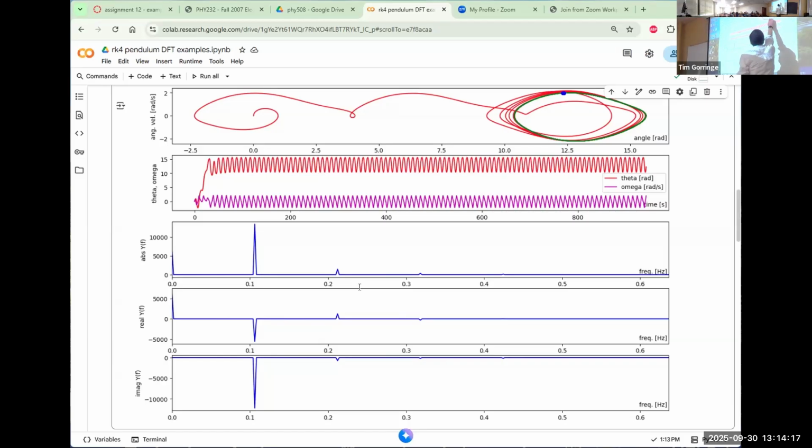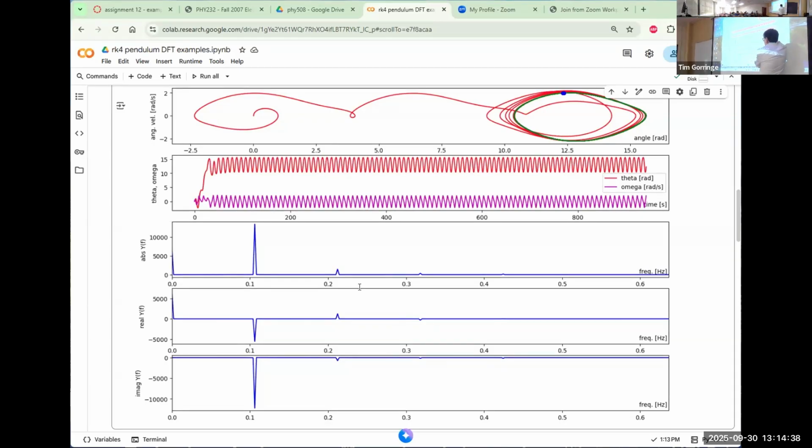Anyway, so this is the phase space and Poincaré section plots again. You see the looping the loop here in theta and omega versus time. You see the looping the loop where we're at steady state in green, oscillating around.